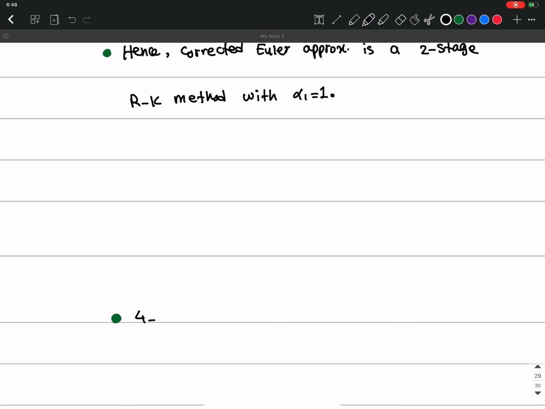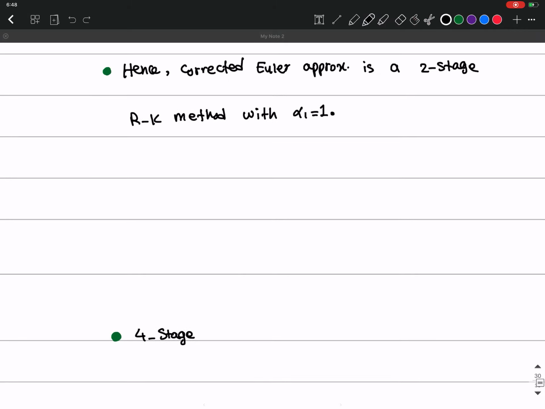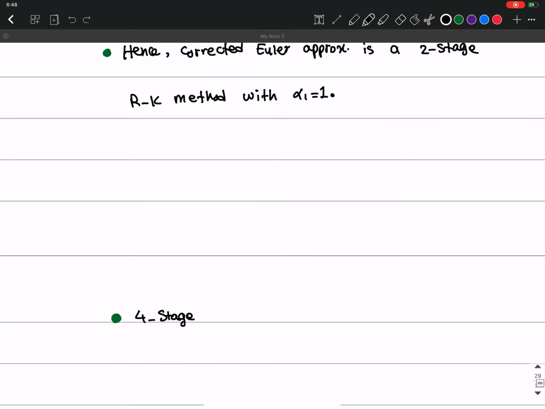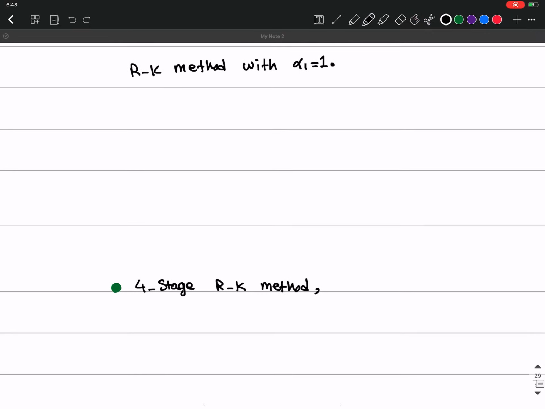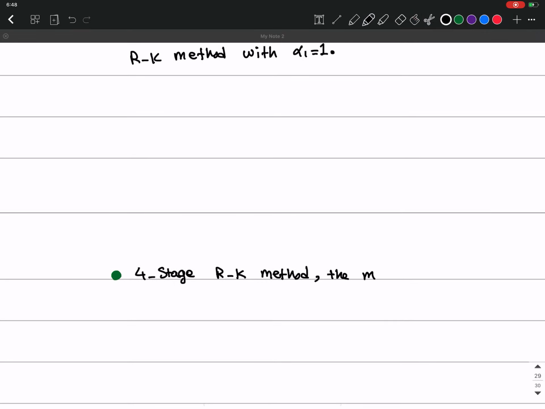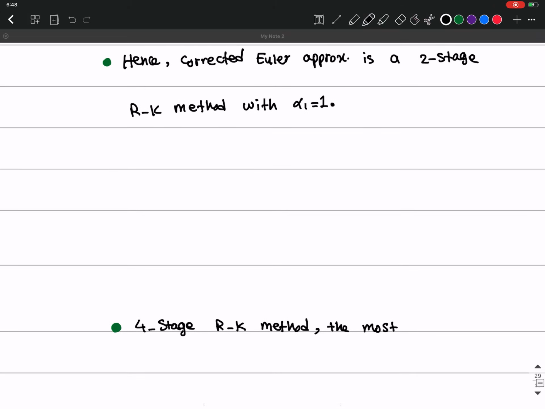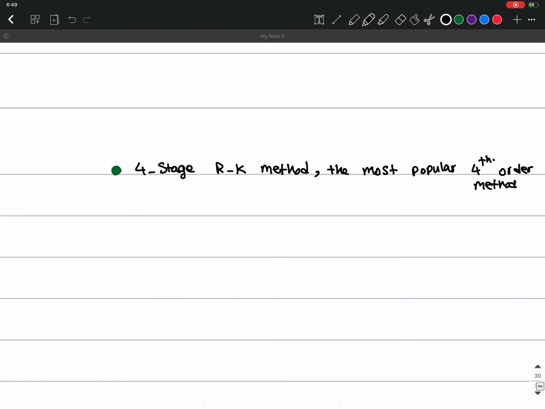The four-stage Runge Kutta method, which is the most popular fourth order method, is shown as this.